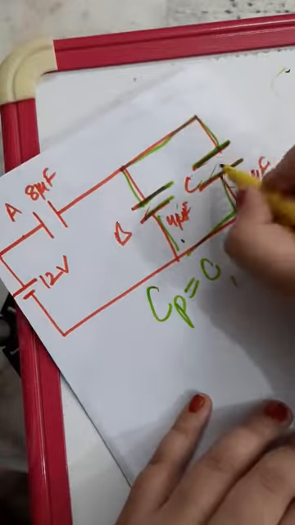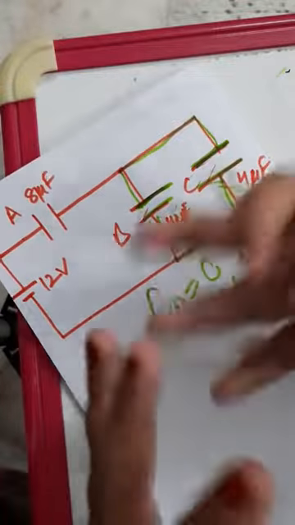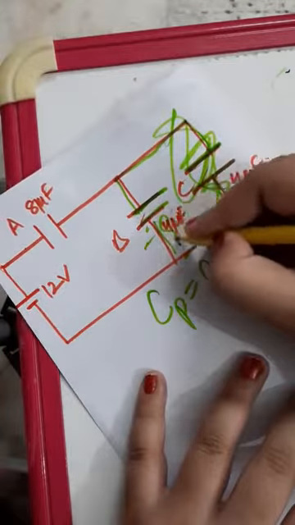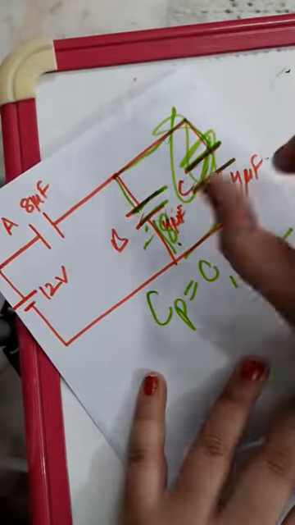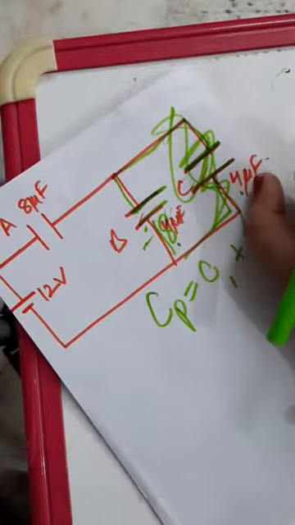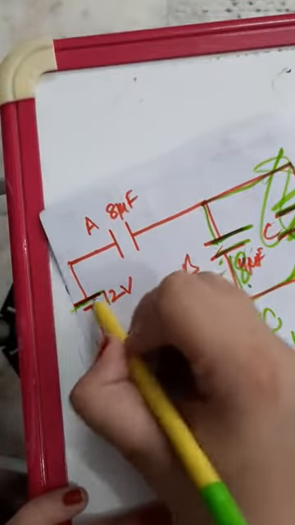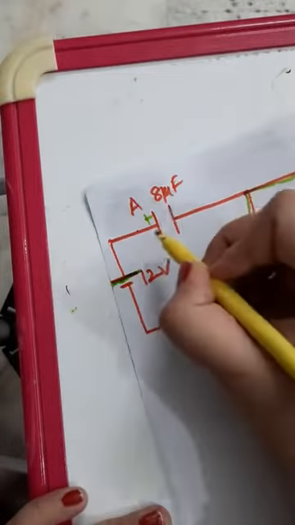So the overall capacitance from these two is 8 microfarads. So don't draw these now in the circuit. So overall capacitance is 8 microfarads because of these two capacitors. And can you see that if this is a positive terminal, this will be positive. Due to induction, this will be negative.